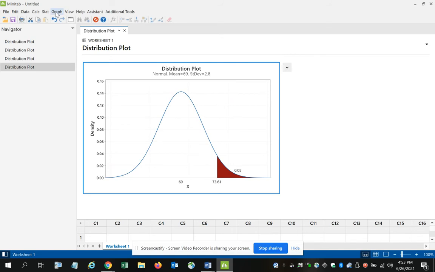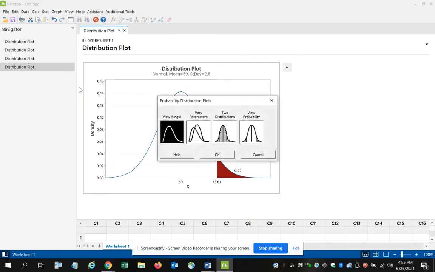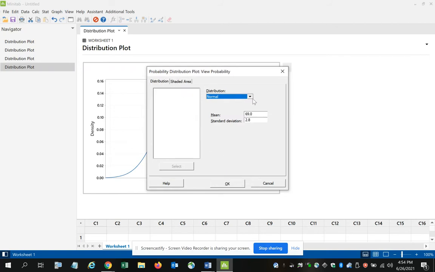top menu bar, graph, probability distribution plot, arrow to the right highlighting view probability. The distribution is normal. The mean is 982.